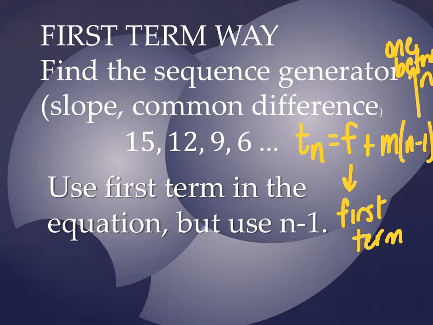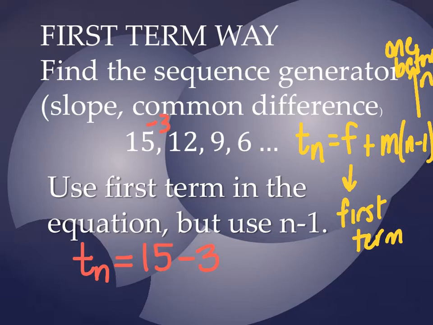So there's another way of doing this. If you don't want to go backwards to the zero term, we can use the first term way. So you just take your first term. I want to find the output for any term. I'm going to start with my first term, and this is a subtract 3, excuse me. I'm going to use that same slope.